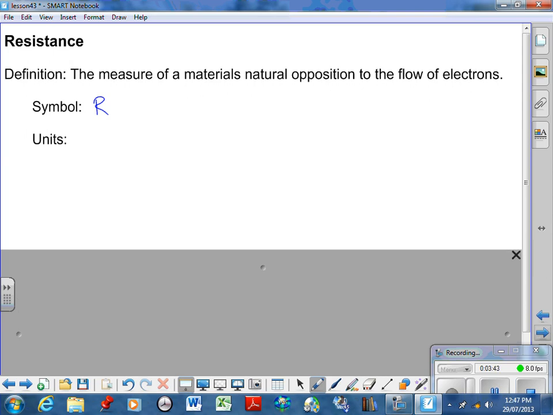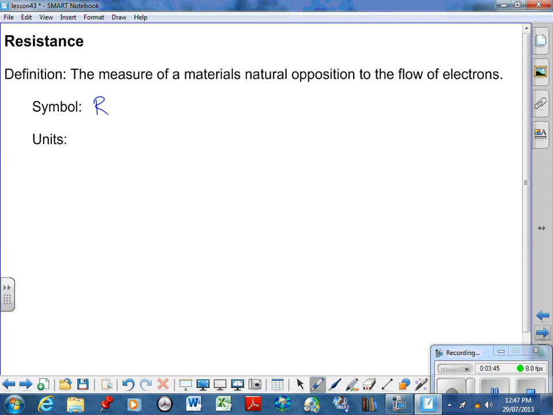The units for resistance are ohms. Okay, and a bit of a circular argument here in some respects, but 1 ohm is a volt per amp. Okay, it's one of the forms here. 1 ohm is equal to a volt for each amp, or how many volts for each amp. And we're going to leave it at that.